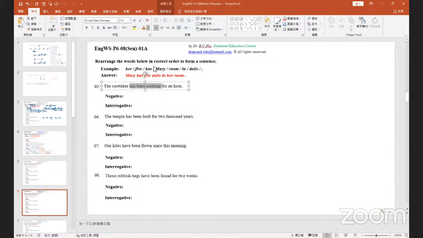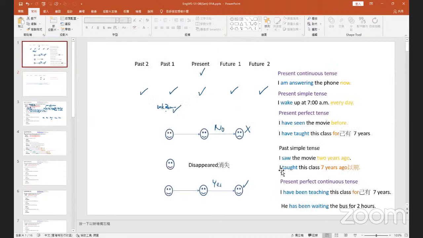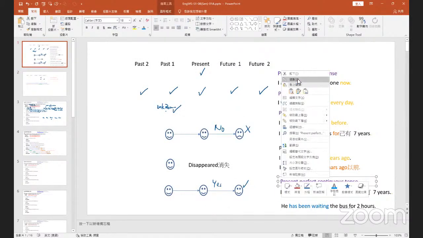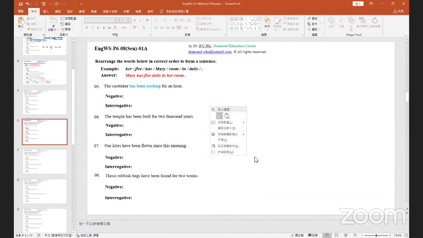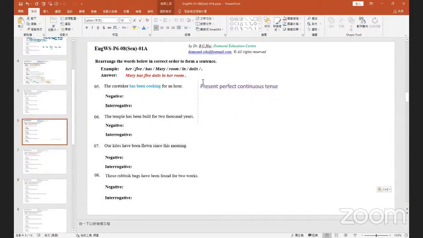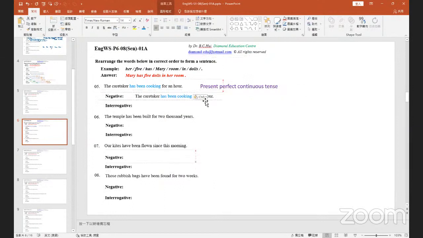Has been cooking. This is the verb. Again, it is in present perfect continuous tense. So, if you want to change it into a negative sentence, to say no, you put a not after the first part of the verb. The caretaker has not been cooking for an hour.